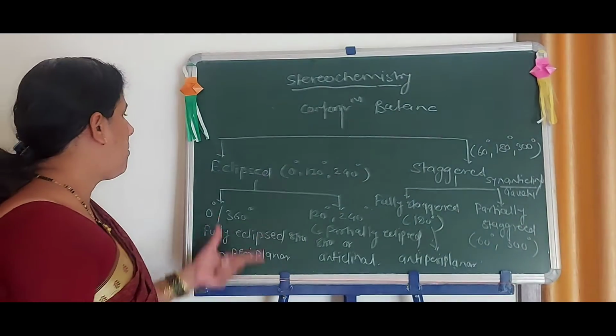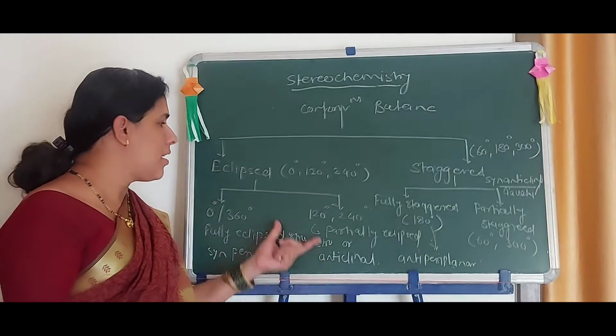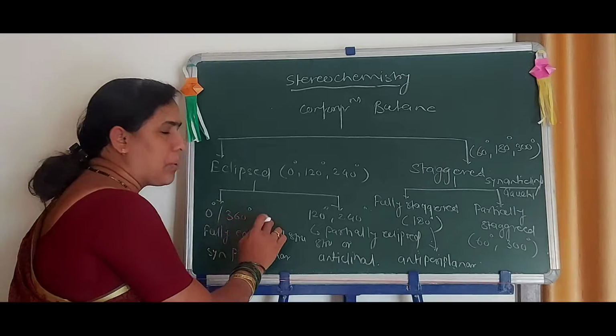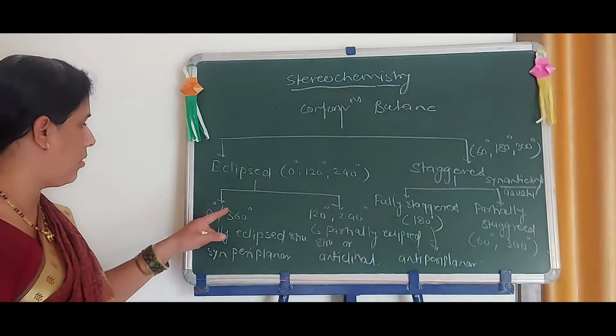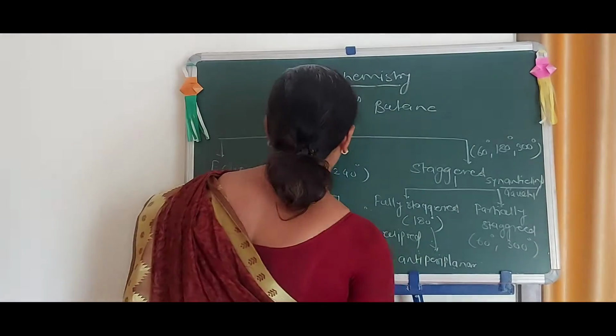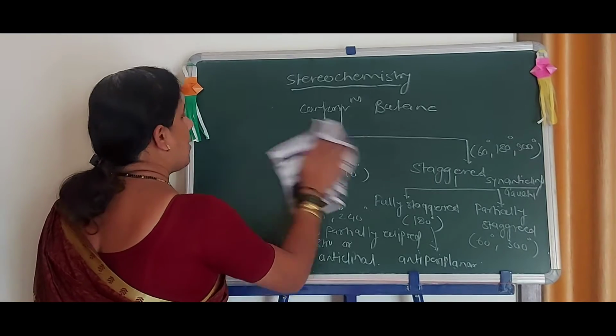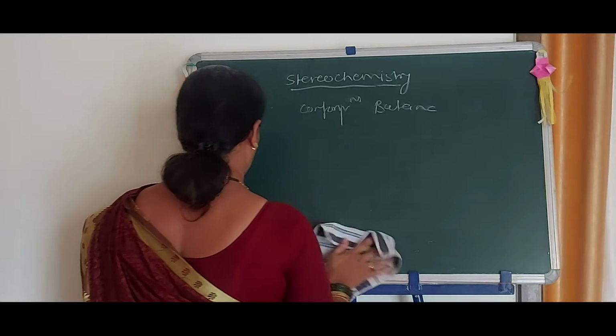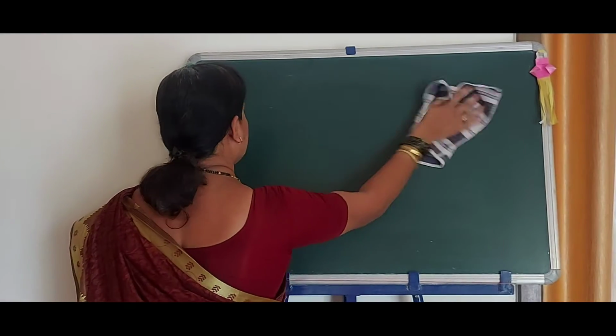Okay. Now one by one we can draw the structures and see how the structures appear according to the dihedral angle. So let us start with the butane structure. First, I am drawing the dotted line wedge formula.